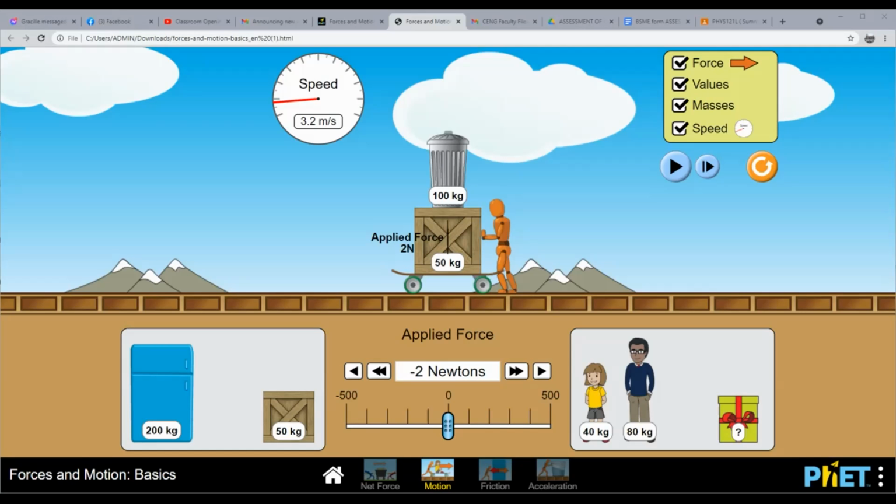Kung ang constant natin ay ang force, at in-increase natin ang acceleration, ibig sabihin yung mass na kaya niyang ma-resist ay magde-decrease. Okay, inversely proportional ang acceleration sa mass.